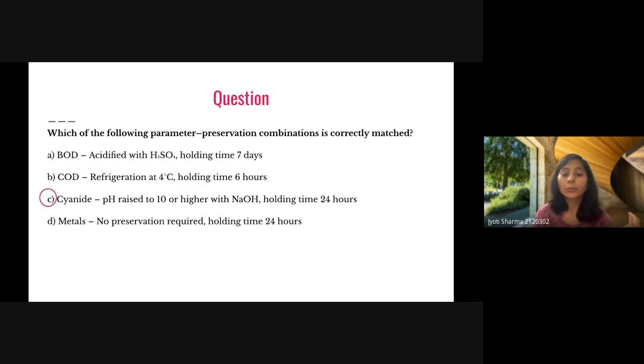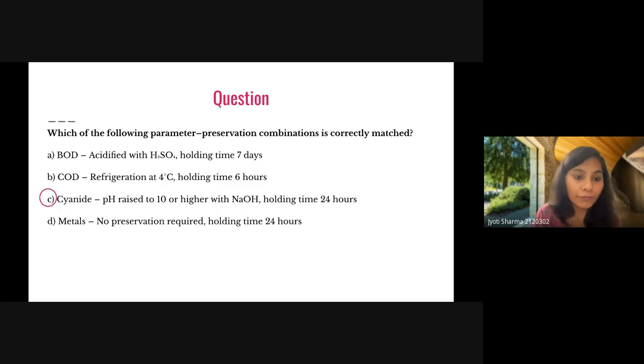So if we want to analyze the cyanide in the water, then one way to preserve that water sample is that we have to raise the pH of the water to more than 10 with NaOH, and that's how we can hold that water for 24 hours before analyzing it, right? But within 24 hours we have to do the analysis for the cyanide, right?